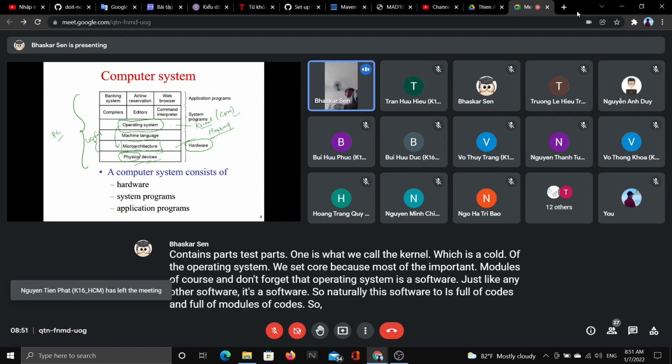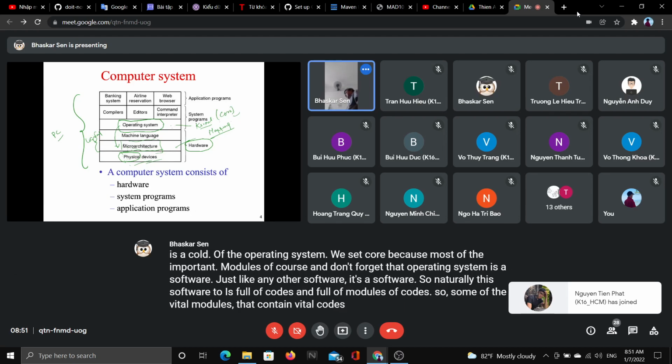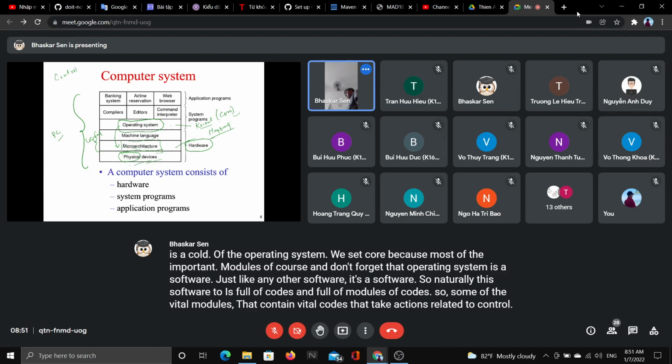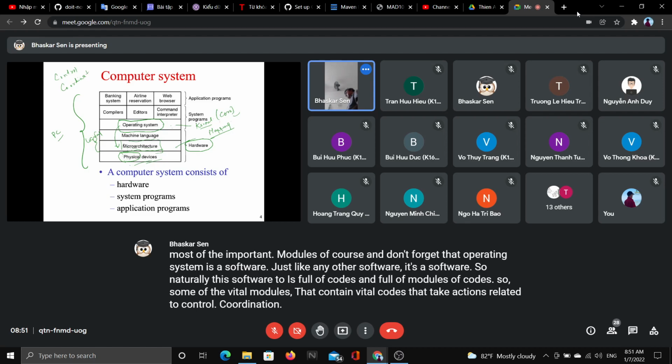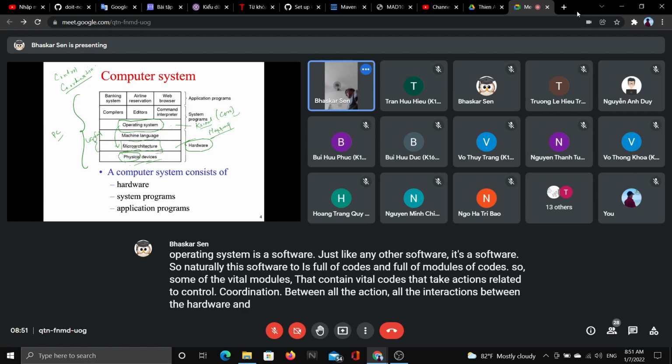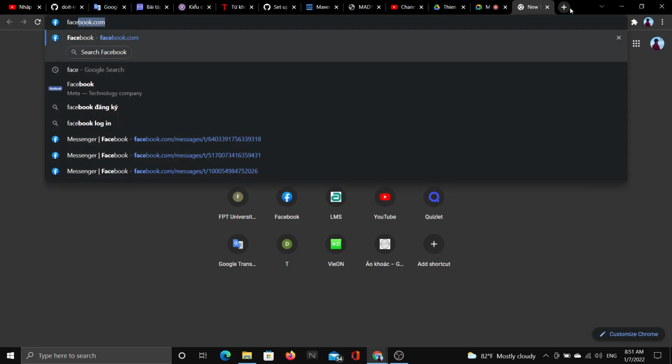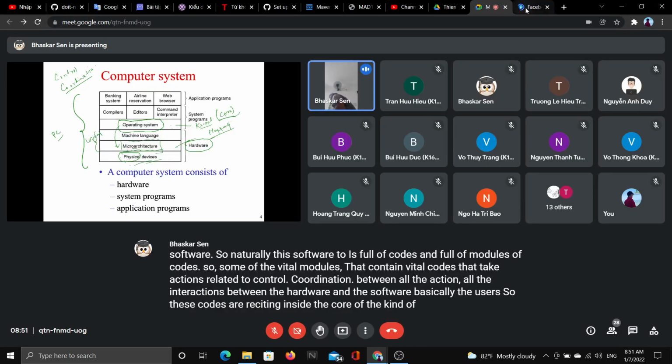So some of the vital modules that contain vital code take actions related to control and coordination between all the interactions between the hardware and the software, basically the users. So these codes are residing inside the core of the kernel. That is what's called the core of the kernel.